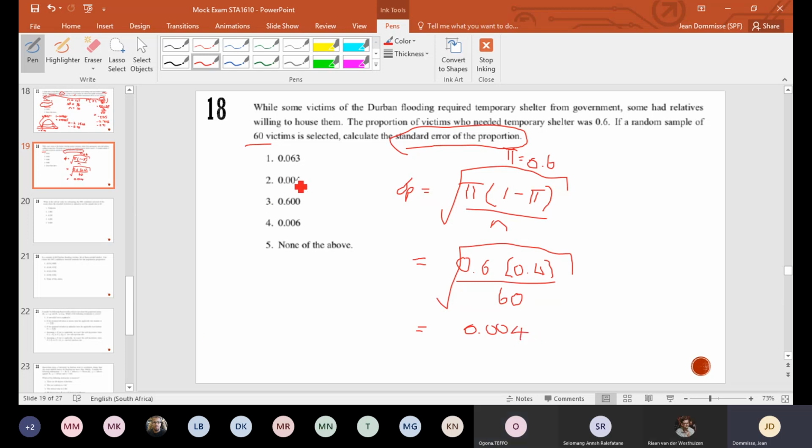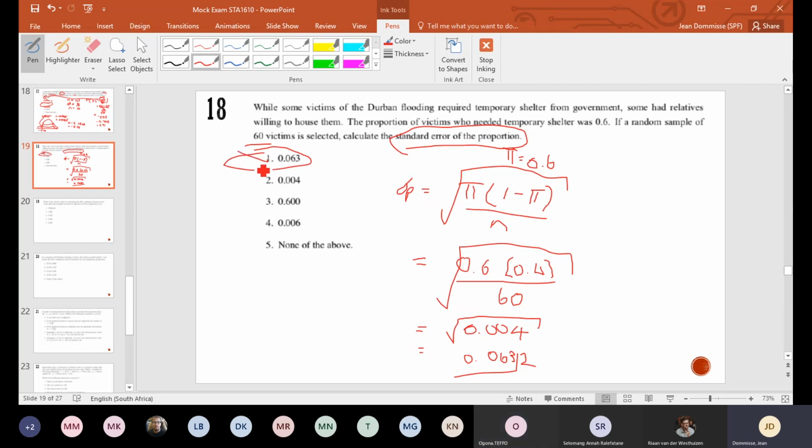That's actually an answer option, but remember we still need to square root, and then you get 0.0632. They only round it off to that, so we have it there. So option 1 is the correct one.